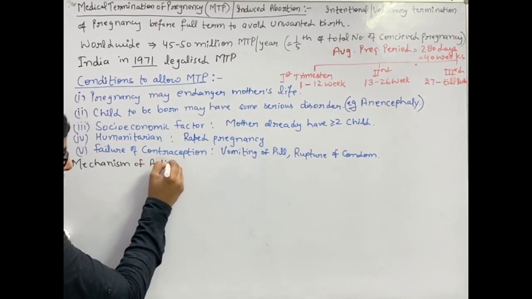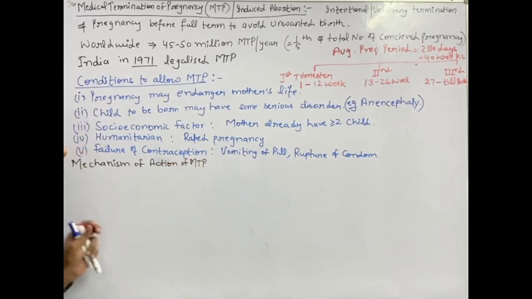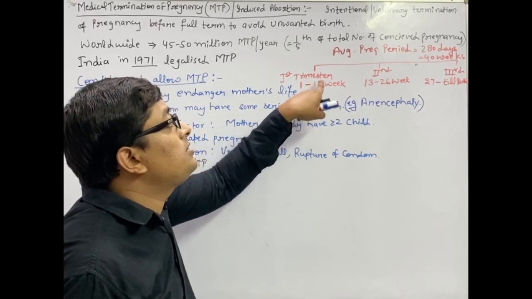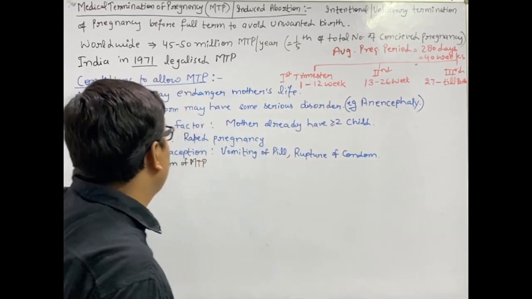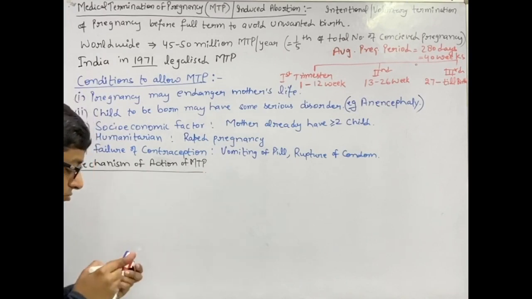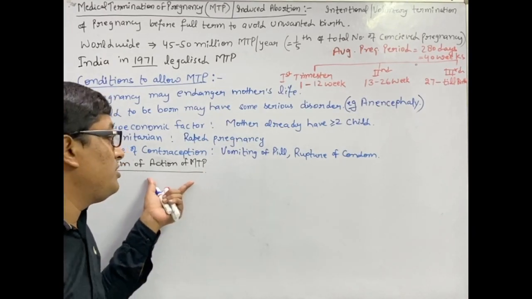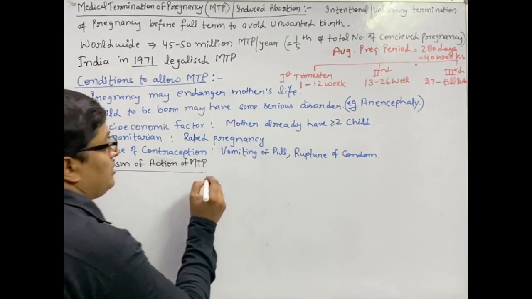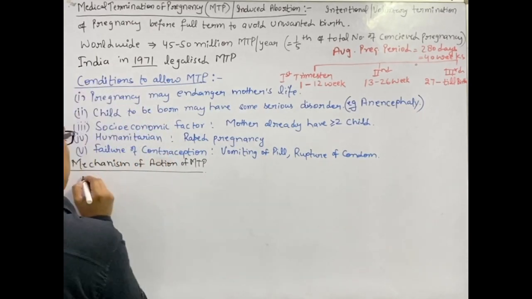This MTP can be done safely up to the first trimester, from 1 to 12 weeks. Two methods are available for the MTP: one is the drug-induced method and another is the surgical method.